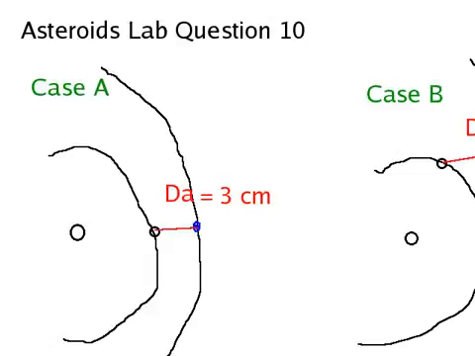I'm going to also type that into the chat box. Here we go. So 3.0 squared divided by 4.7 squared.